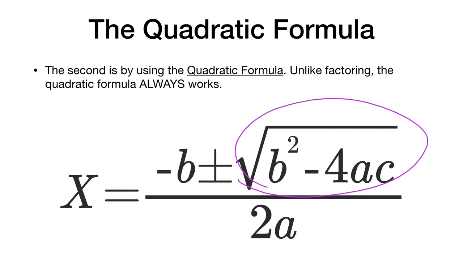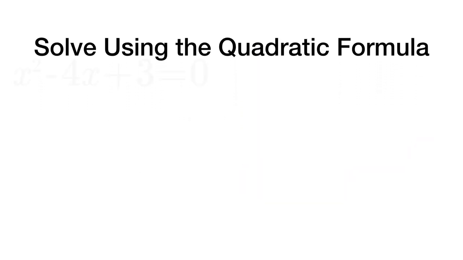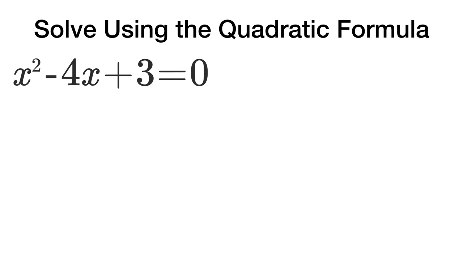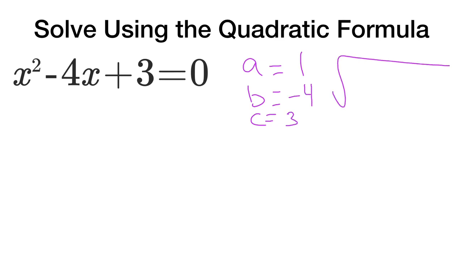Let's try out a few example problems. So we're going to solve using the quadratic formula. Our first one is x squared minus 4x plus 3. So first thing I need to know is what are my a, b, and c. A is 1, b is negative 4, and c is 3. So now I'm going to find the square root of what we called the discriminant earlier in a different lesson.